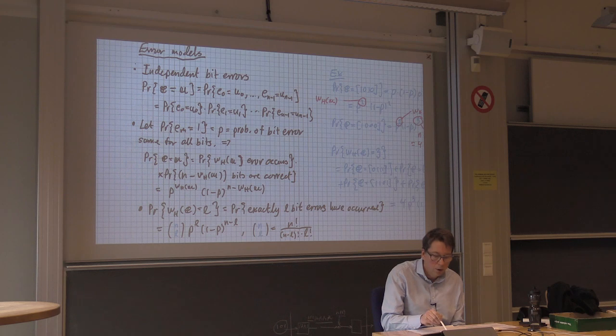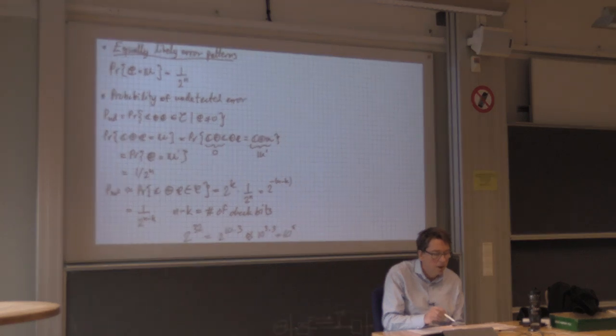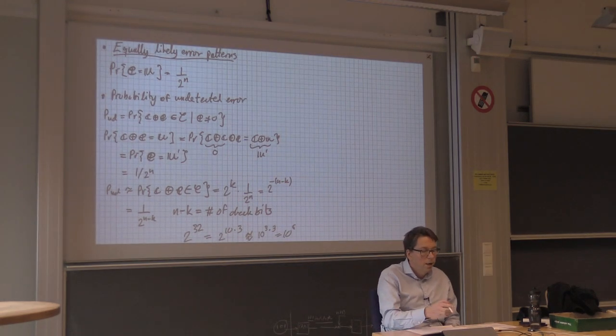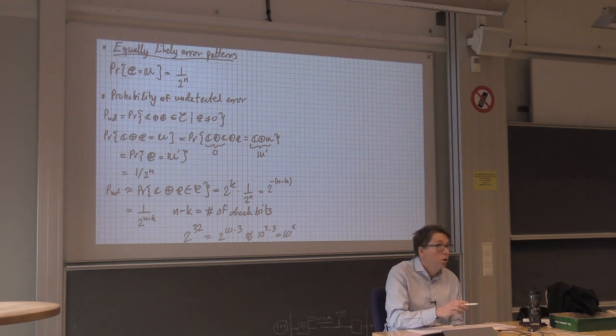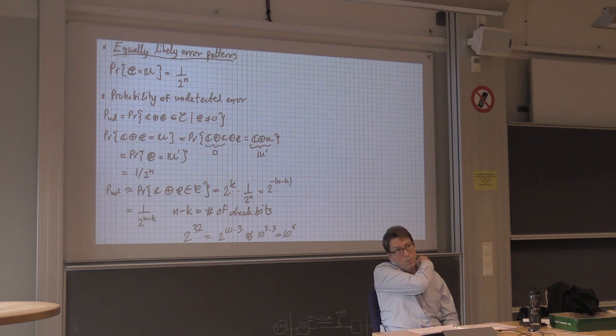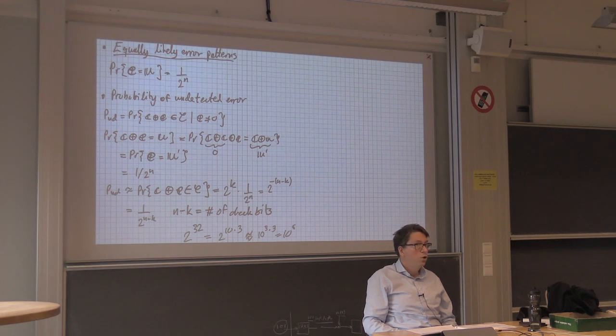The second model that we talked about is another extreme case where all error patterns are equally likely. We can think of that as an extremely noisy channel, or when we have some type of catastrophic error on the way, you know, hardware failure or something like that.